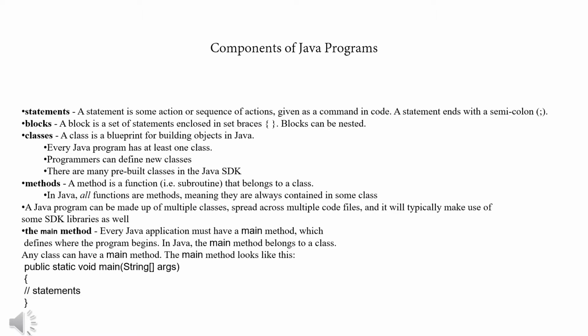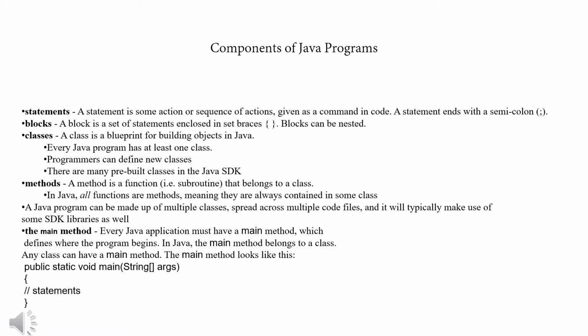And then we have classes. In order to create objects in Java, we define classes, right? Classes contain methods and variables. In each Java program, we have at least one class. And the programmer can define new classes, so define new objects.